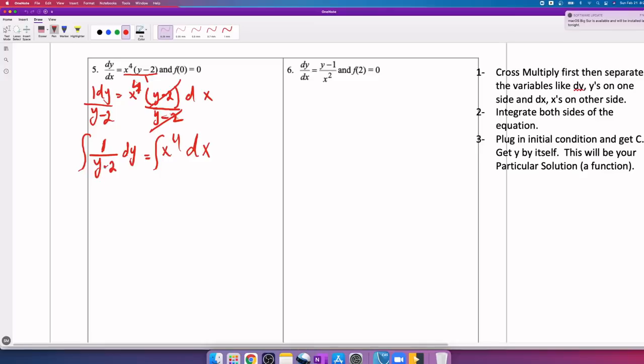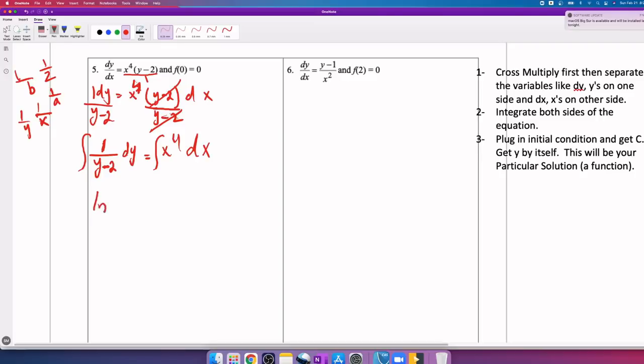Whether it's an expression like y minus 2, or a single variable like 1 over y, 1 over x, 1 over a, 1 over b, 1 over z, these are all ln's, but it has to be exponent 1. So I'm going to integrate.